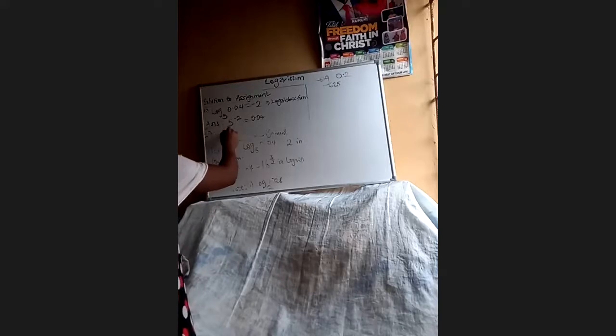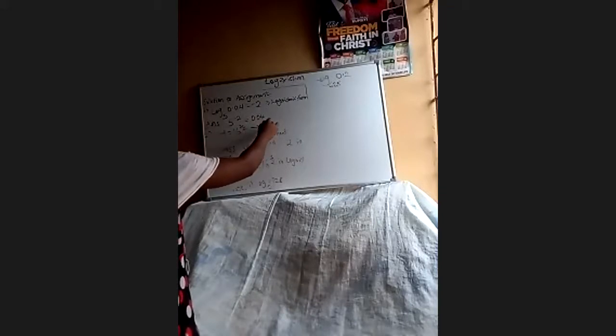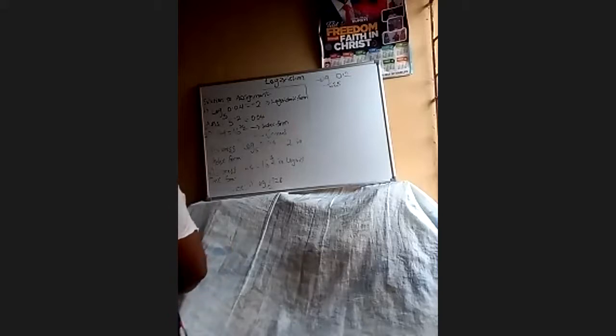And second question, we are asked to express 64 is equal to 16 raised to the power 3 over 2 in logarithmic form. This is in index form. So we are asked to express in logarithmic form.